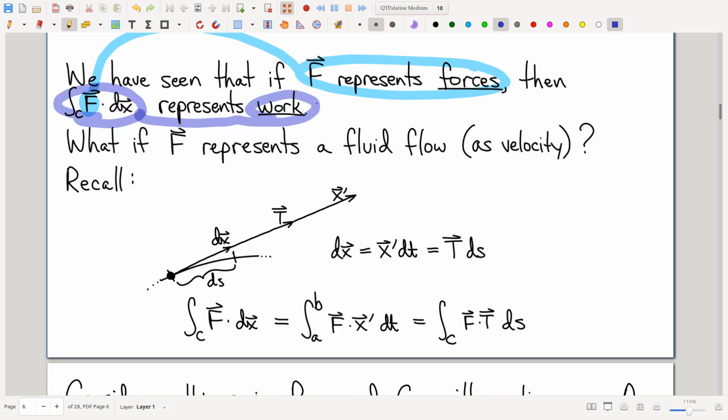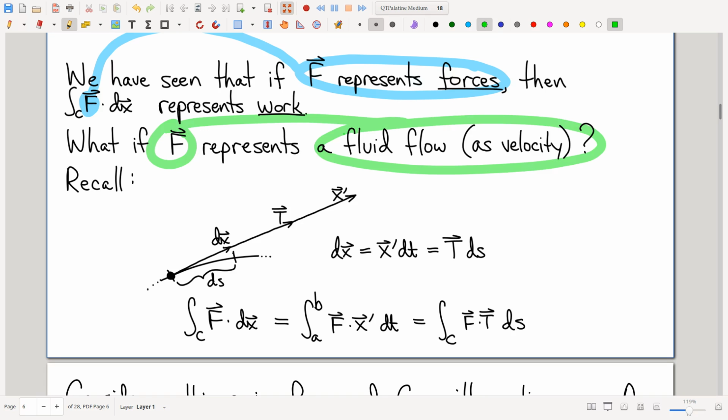Fine. Here's the thing. Vector fields do not always represent forces. Sometimes vector fields represent fluid flows. For example, by telling you the velocity of the fluid flow, there is no force there, right? That's just telling you the velocity of the fluid. No force has been mentioned.